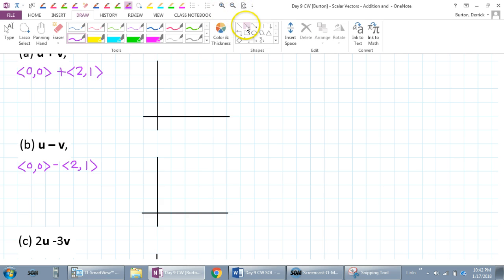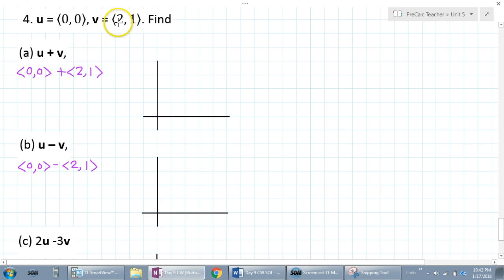So I'm just going to go ahead and graph vector v and call it a day. 2, 1. So over 2, up 1, boom! That's the sum of vector 0 and vector v. And of course, if I did this algebraically, 0 plus 2 is 2, and 0 plus 1 is 1.